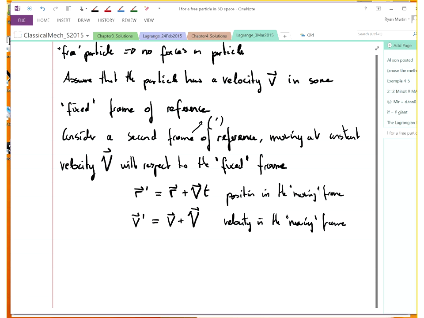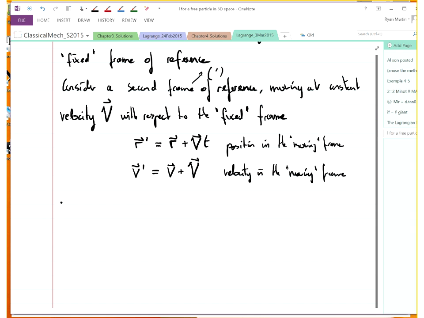Now, this is a free particle in free space. Right? So there's no forces on it. So this is a homogeneous three-dimensional space. So what happens to it should not depend on where the particle is in space. If there was a mass there with gravity that was going to disturb our particle, then of course it depends where the particle is in space with respect to some other fixed mass, because the gravity will depend on where you are in space.